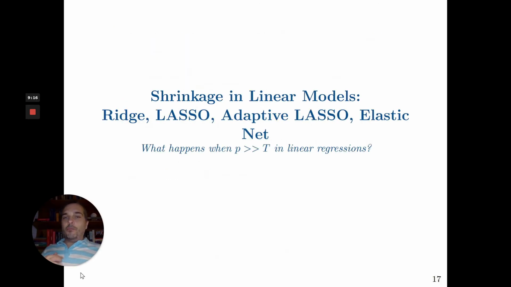So let me now give you an overview of a class of models that we are going to study in the first third of the course. Okay? So we are looking at linear models when P is much larger than T. So the number of variables in that linear model is much larger than the number of observations.